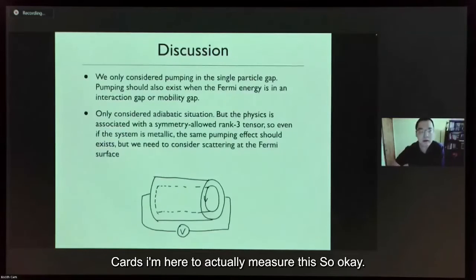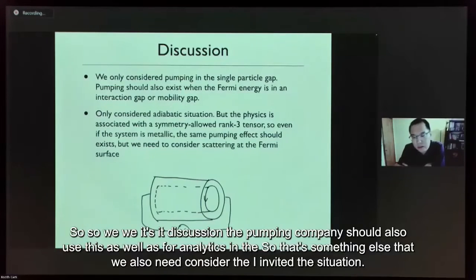So okay, so far in this discussion we only considered pumping in the single particle gap, but the pumping should also exist, right, when there is a ferromagnetic interaction gap or mobility gap. So that's something else that one should keep in mind. And we also only considered the adiabatic situation.